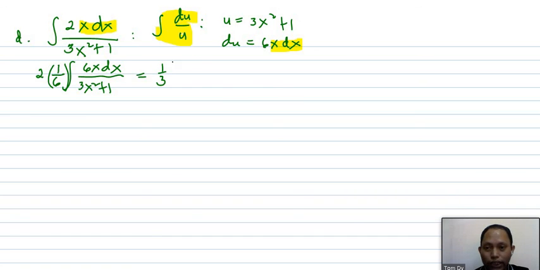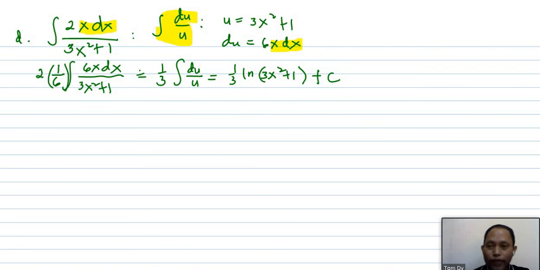Take note that 6x dx is our du, and our u equals 3x squared plus 1. So 1/3, and then the integral of du over u equals ln of your u, which is 3x squared plus 1, plus c. Take note, we have here x dx, so 6x dx.